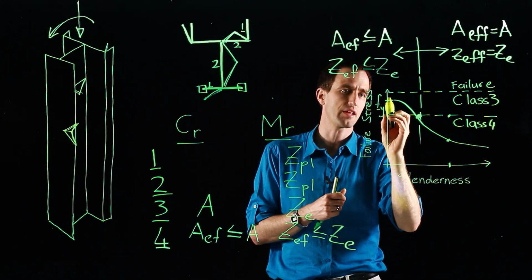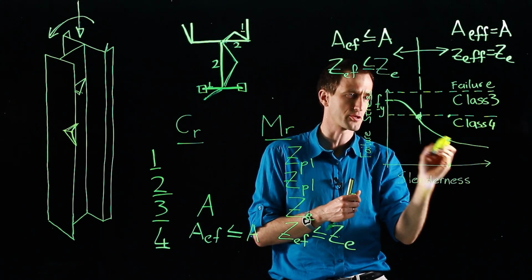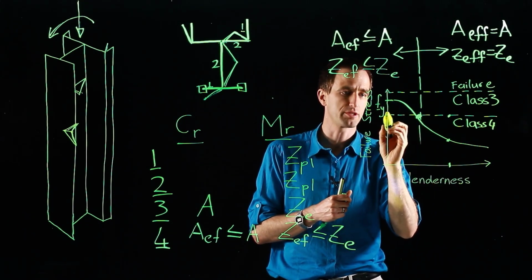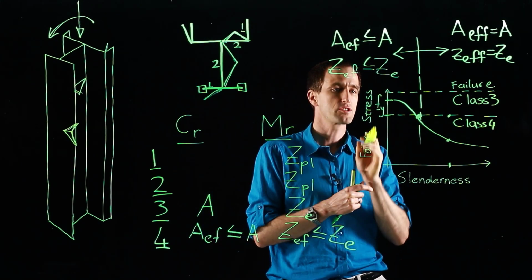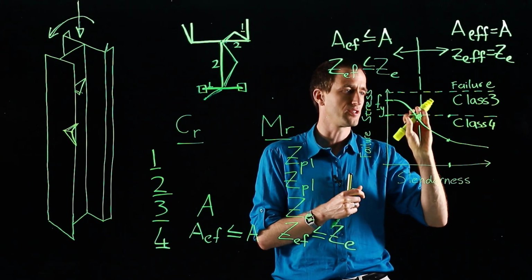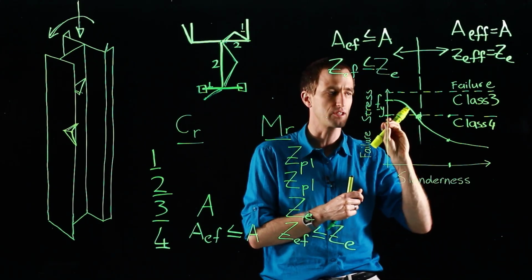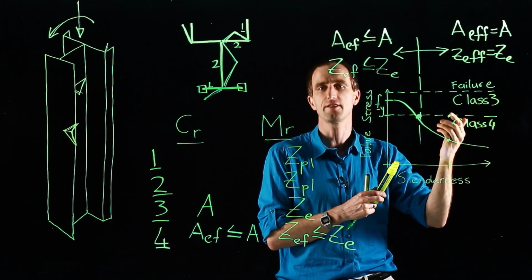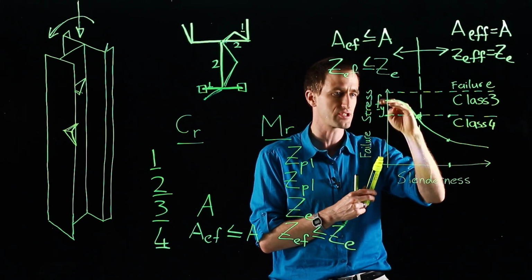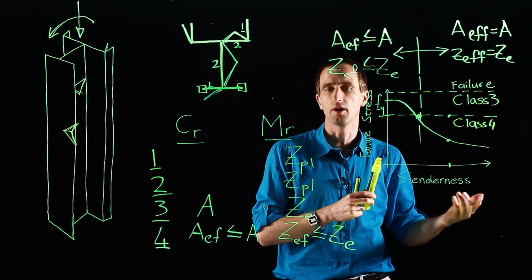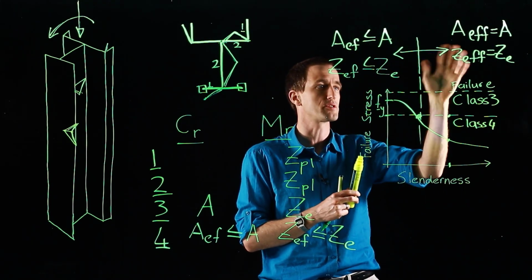For instance, let's say at 355 MPa it's class 4, so now we drop it to 283 MPa and suddenly it's class 3. So if you find you have a 355 steel that's class 4, just change it to a different grade of steel, design it as a 283 MPa steel, and then it's a lot easier to do the calc.